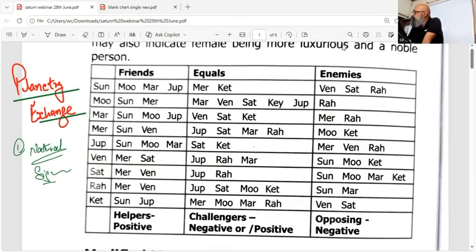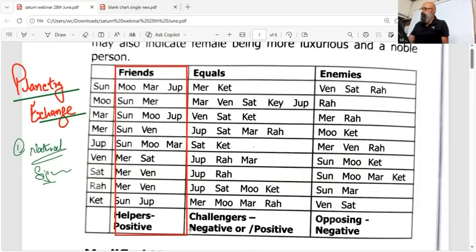Let's take the case study of Saturn with Moon. When you all observe my chart, last time also when I explained this chart, there were some questions.